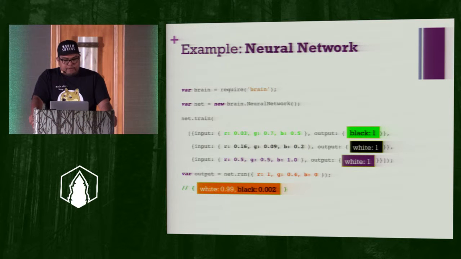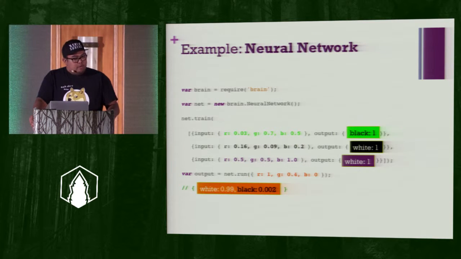For the black background, someone voted white, and for the purple, someone voted white as well. As you feed more examples into it, you can better train your algorithm to be more accurate. But throwing in orange here will actually output white as the most likely thing that people would want as a foreground color, and black as the less likely output.